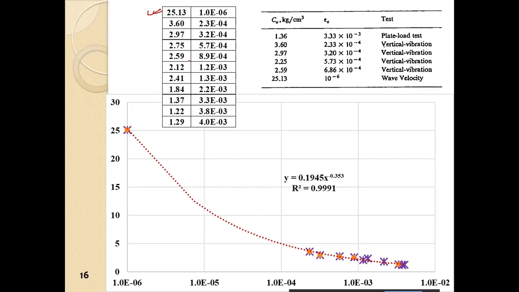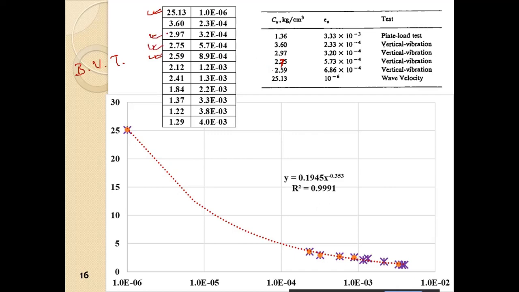Apart from that, we have the block vibration test value 2.59 from the book. Then this is from calculation, 2.75.